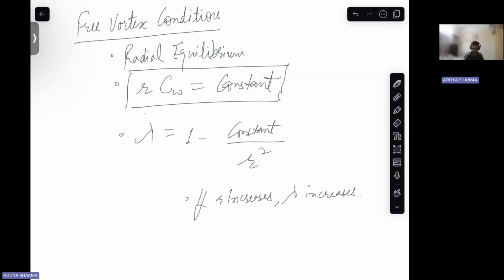Degree of reaction increases means the enthalpy change in your rotor with respect to your whole stage keeps on increasing as you move towards tip. So your relation with R of the integrated function.